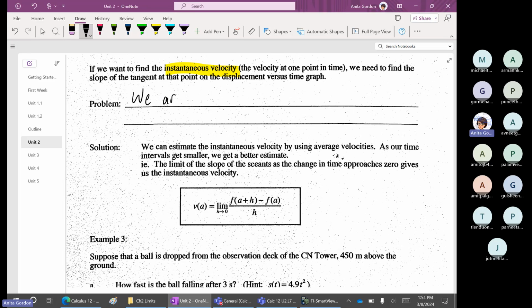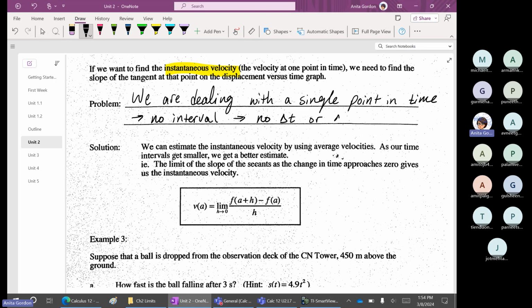We are dealing with a single point in time. So that means there is no interval. Means there is no delta t or delta s because we are approaching the limit.